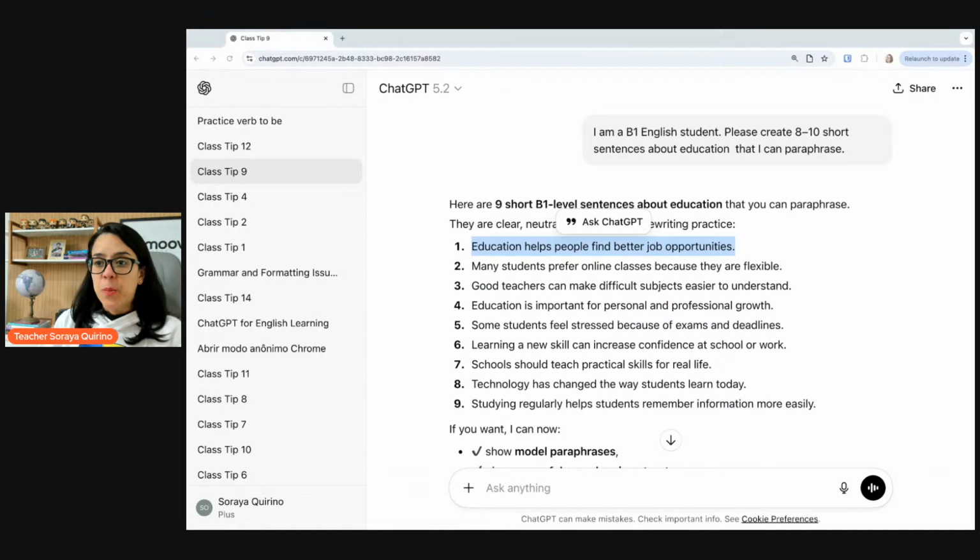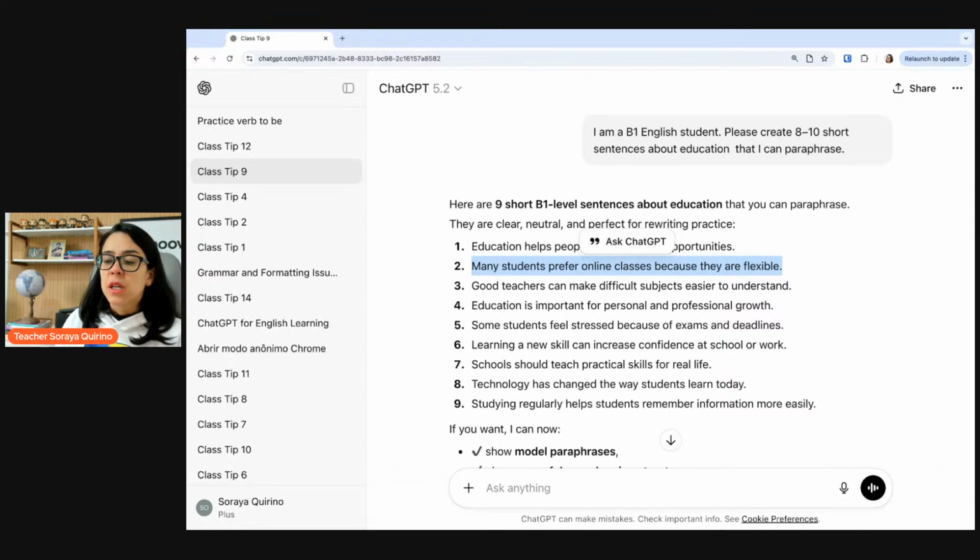How can you paraphrase that? Okay. Or, many students prefer online classes because they are flexible. You can say something like this: a great number of students would rather study online due to the higher flexibility of this studying method.